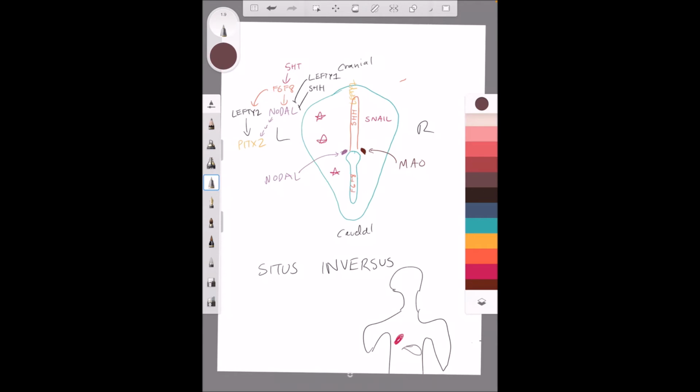The normal version, if your organs are normal, would be called situs solitus. I'm not pronouncing any of these correctly. And then if you only have one organ flipped, like let's say your heart is on the wrong side, but your liver is fine, your gallbladder, your spleen, everything's fine, but just your heart's on the wrong side. That's called heterotaxy.